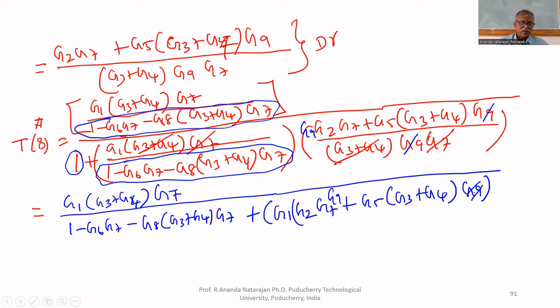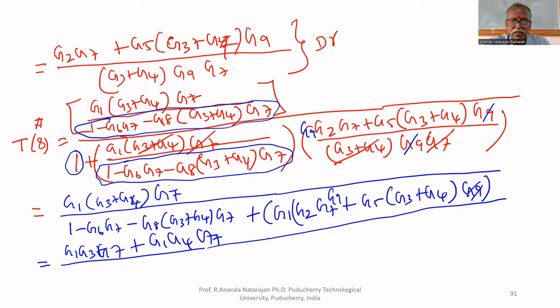So the numerator is simplified, the denominator we have to simplify. Numerator is G1 G3 plus G1 G3 G7 plus G1 G4 G7. That's all, this is the numerator.